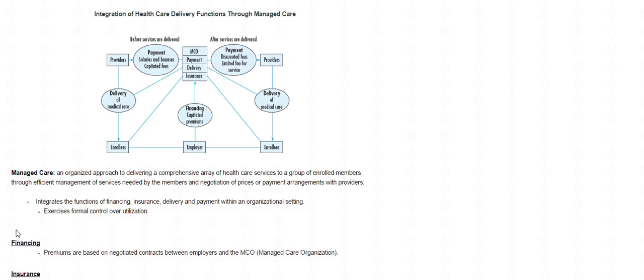I just wanted to touch on that when we were looking at this diagram here, just quickly illustrating the services that occur before actual delivery of healthcare service and what occurs after the services are delivered.